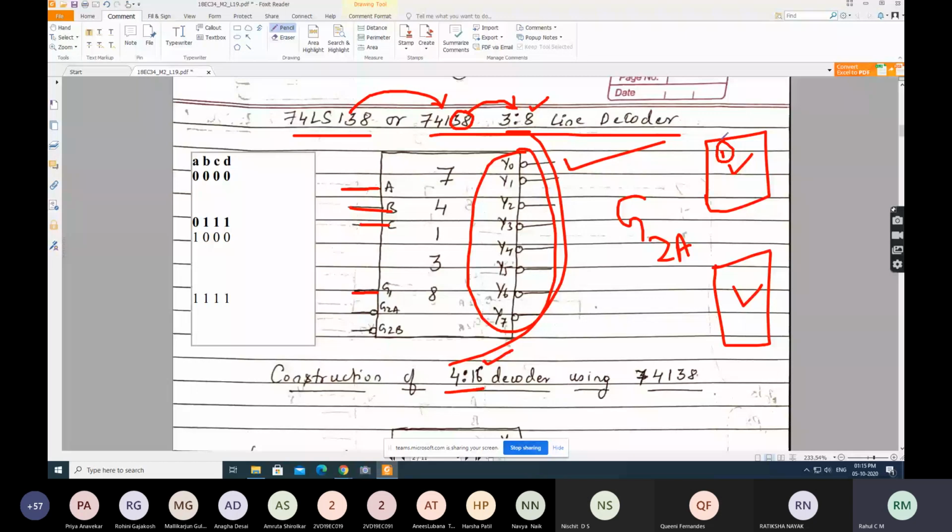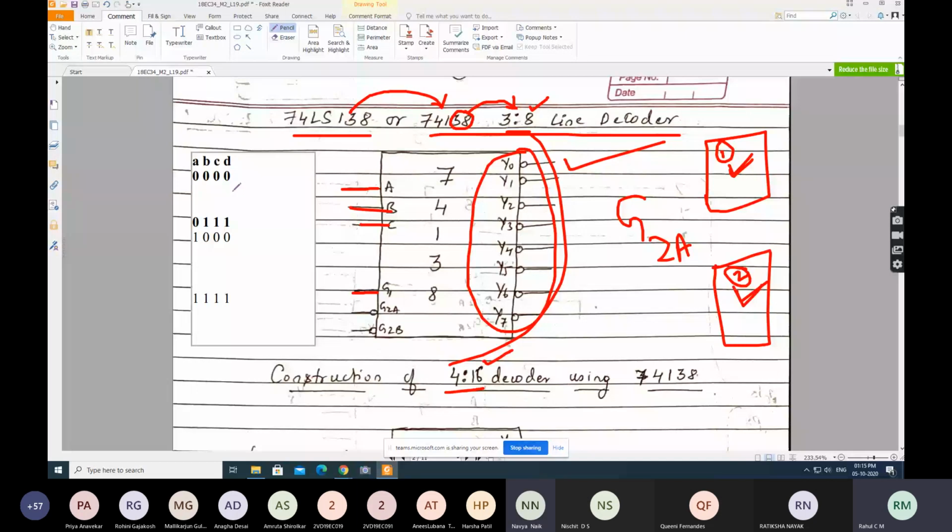Everyone? One more point you are supposed to understand. Who decides this triggering, whether IC1 should be selected or IC2 should be selected? It is decided by the MSB bit, that is the A bit. Understanding?